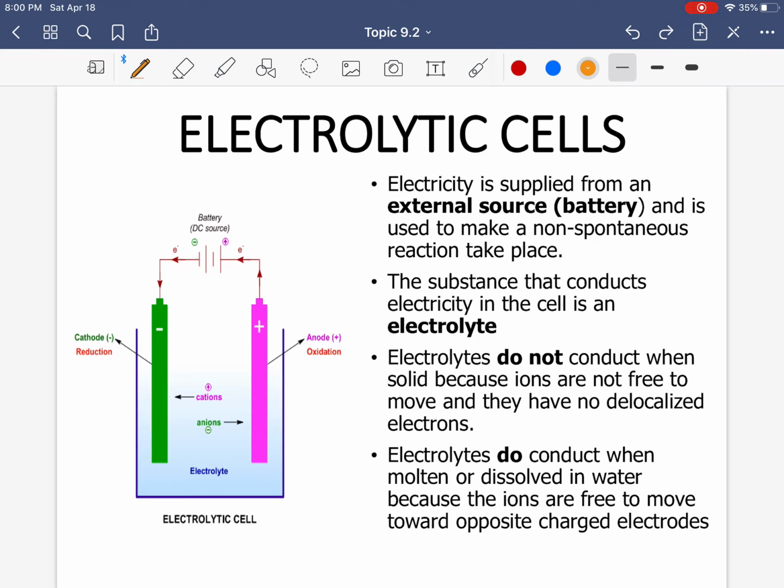Okay, we're looking at an electrolytic cell. So, in order for this reaction to occur, you need a battery. Okay, you need a supply of electricity. You need some sort of electrolyte. Okay, in this case, I'm going to pick lead bromide today. Lead 2 bromide to be specific.